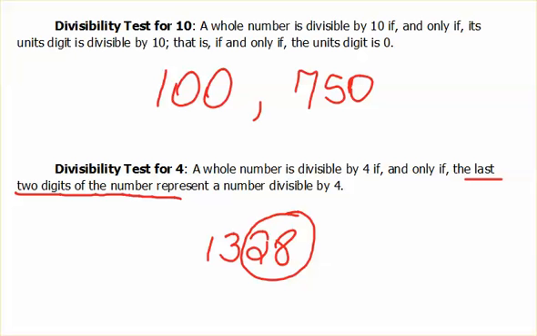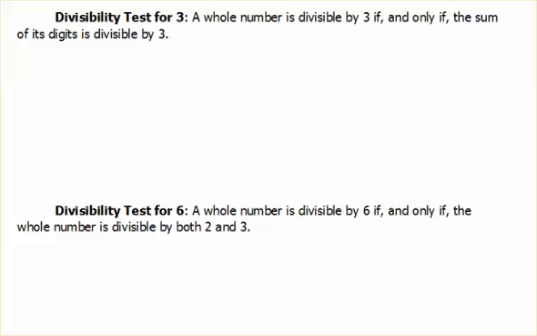Okay, we have a few more. We have a divisibility test for 3, and this one is actually kind of cool and interesting. It says a whole number is divisible by 3 if and only if the sum of its digits is divisible by 3. So we'd be looking at adding up all of the digits.